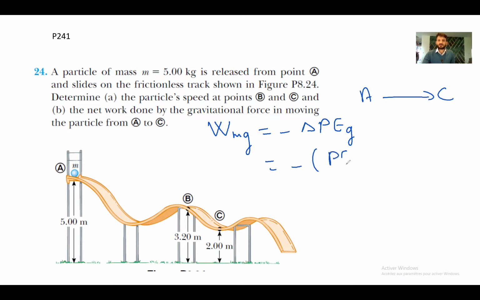So we have the final value minus the initial value.